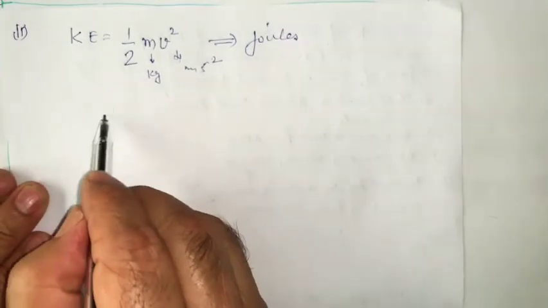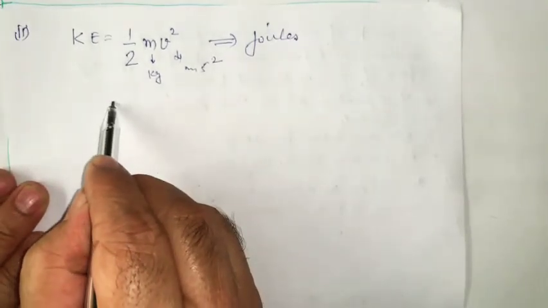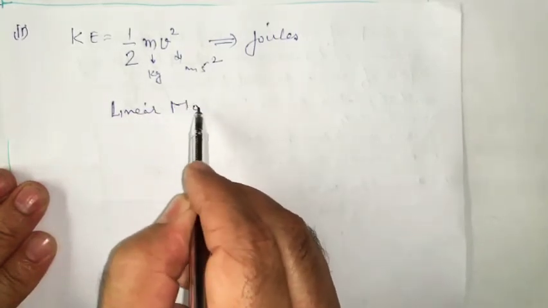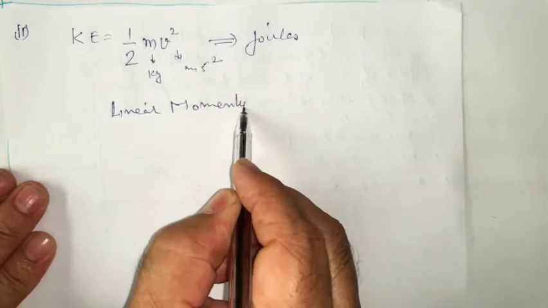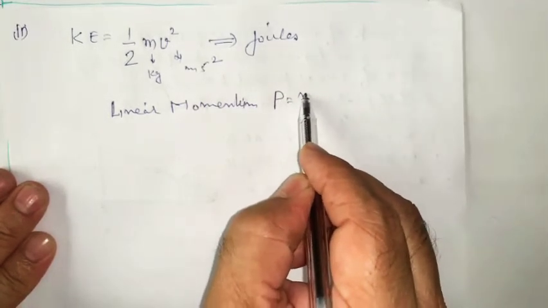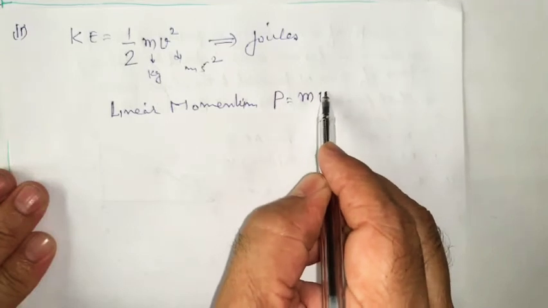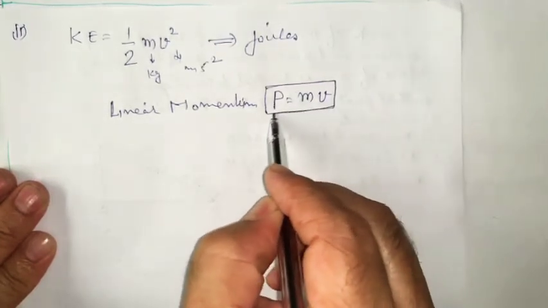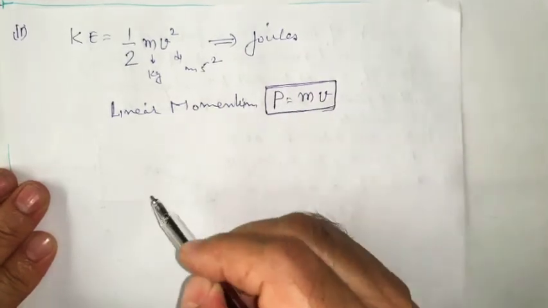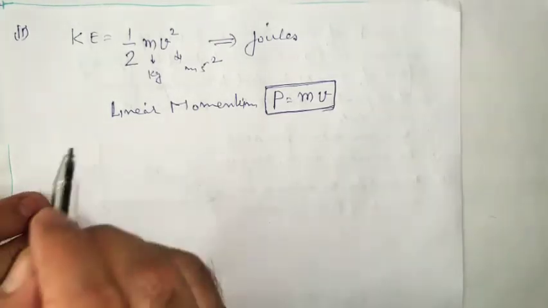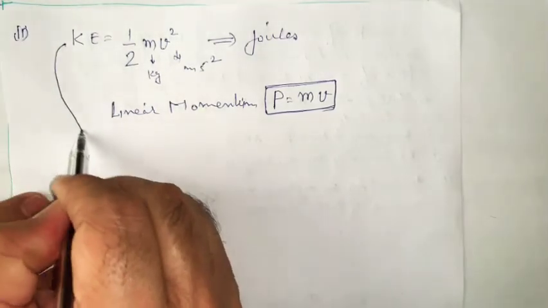You also know about the momentum, linear momentum. Linear momentum is denoted by P, which is always equal to mass into velocity. P is equal to m into v. You can also write the relation between the two.